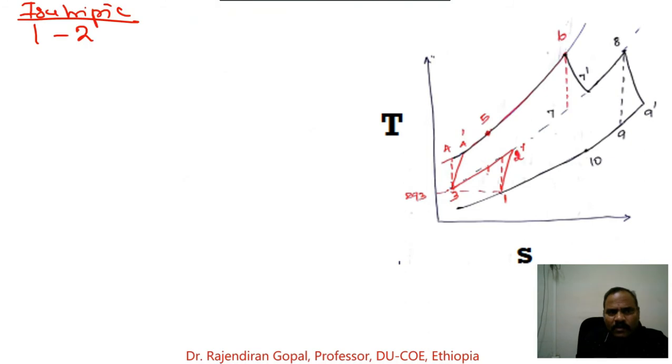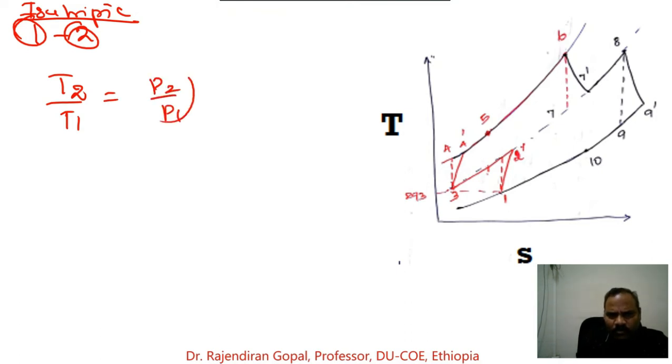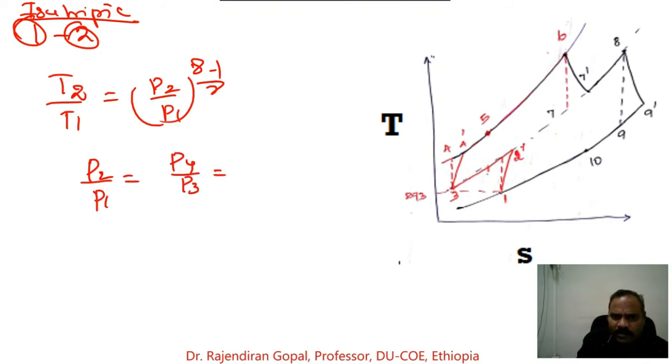First we take the isentropic process 1 to 2. We know that T2 by T1 is equal to P2 by P1 whole to the power gamma minus 1 by gamma, and they given equal pressure ratio, that is P2 by P1 is equal to P4 by P3 is equal to root of P4 by P1, that is equal to root of 9 is equal to 3.